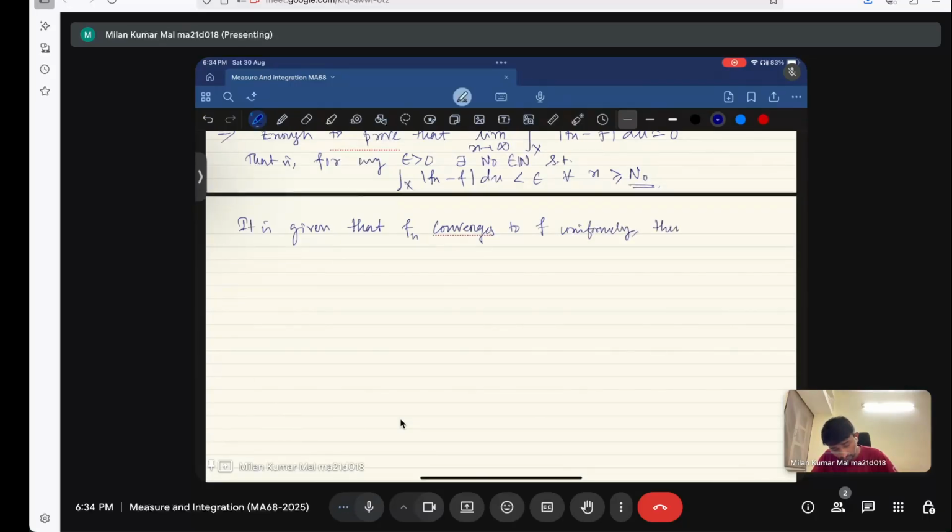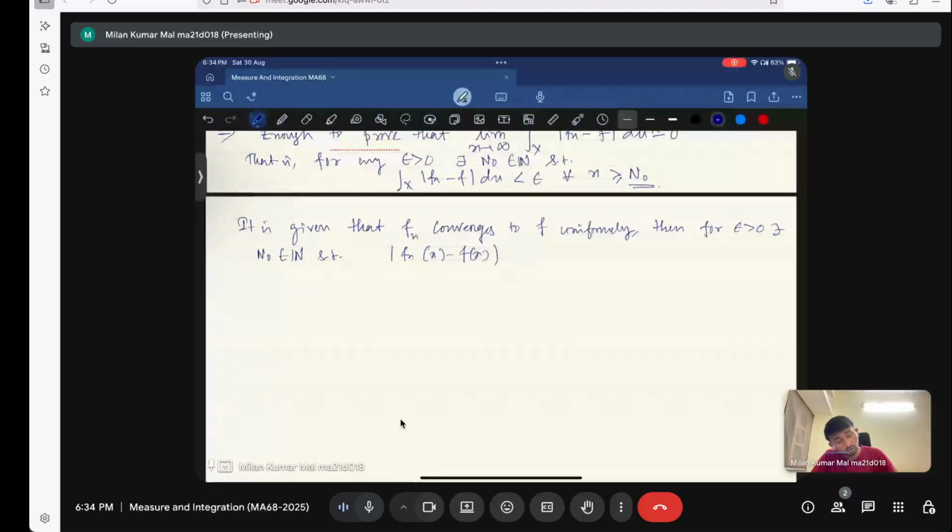Then for epsilon greater than 0, there exists a natural number n naught such that mod of f_n(x) minus f(x) is always less than epsilon for all x belonging to the set X and for all n greater than or equal to n naught. For the given epsilon, we will choose the same n naught.